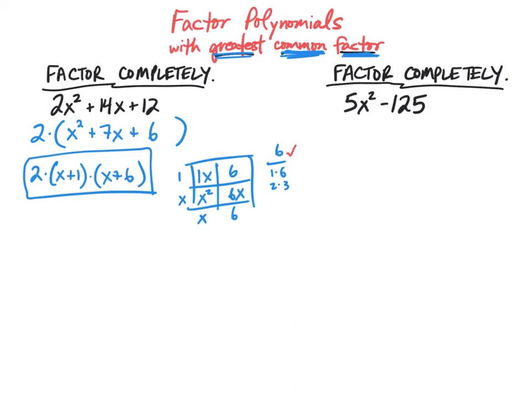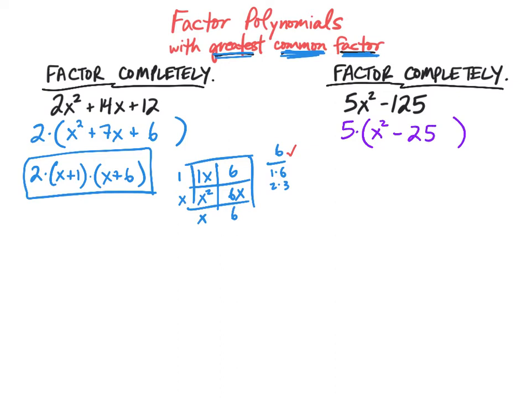So on the right side, I know that you might be able to factor that with the boxes. Totally cool. But if you recognize that there is a 5 as a factor of all the parts, of all of the terms, 5 times x squared is still 5x squared. 5 times a negative 25 is still negative 125.